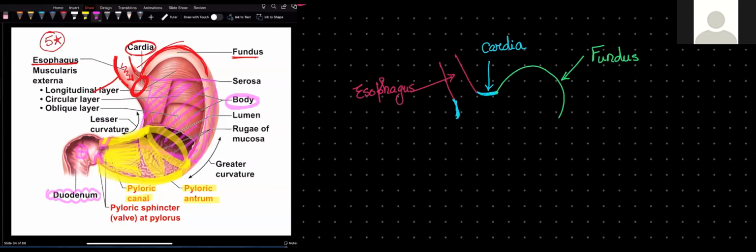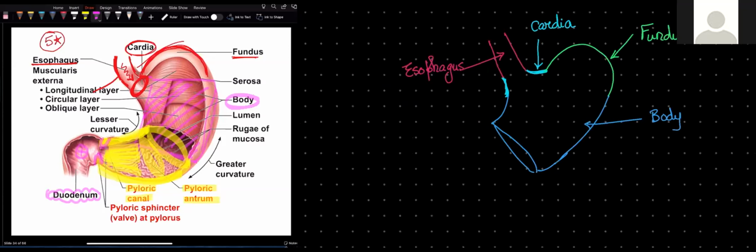The mid region here, this is going to be the body of the stomach. The most distal part, this is going to be the pylorus. Remember, we've got the pyloric antrum.